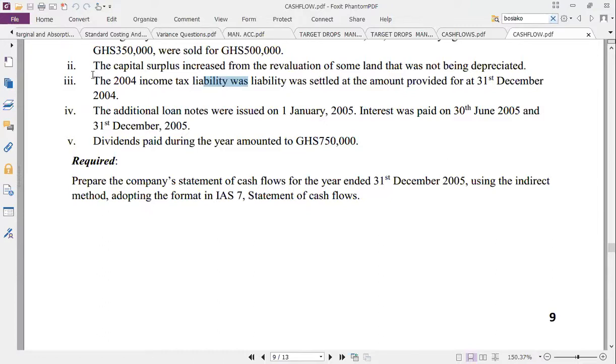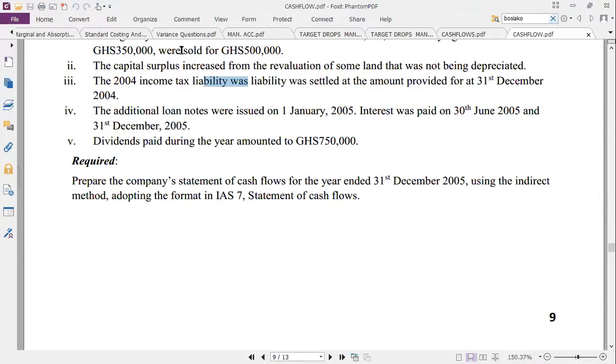They are just saying that in 2005, the only tax that they paid was the 2004 tax. So it means that the tax provided for 2005 will be the income tax expense or the liability, the only liability at the end of the year.